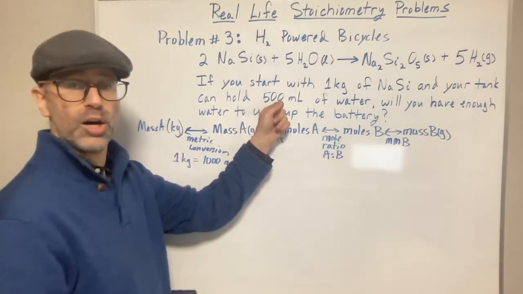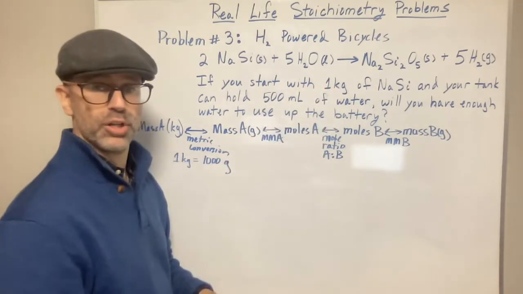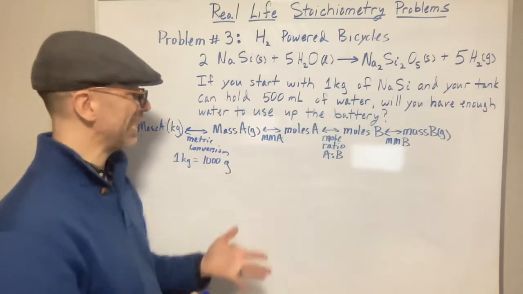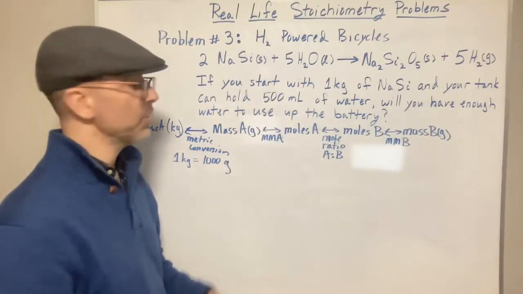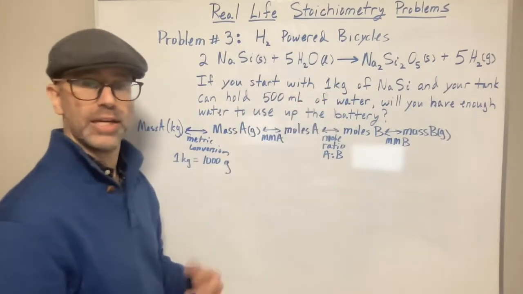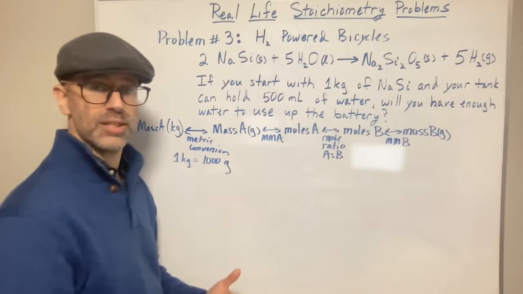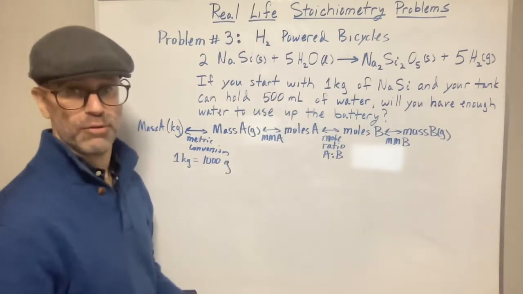If the amount of water we need is less than the amount we're given, then we have enough water. If the amount of water we need is greater than the amount given, then we don't have enough water.